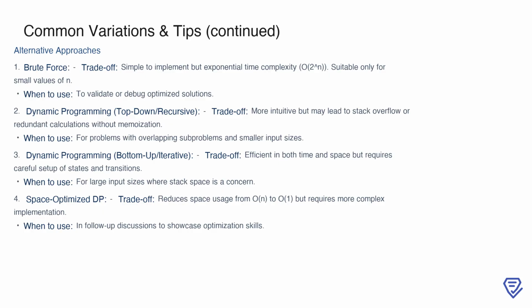The top-down method is intuitive but can lead to stack overflow or redundant calculations unless memoization is used. Bottom-up dynamic programming, on the other hand, is efficient in both time and space but requires careful setup of states and transitions. Finally, space-optimized dynamic programming is a great option when you need to reduce space usage from O(n) to O(1). While it requires a more complex implementation, this approach is an excellent way to demonstrate optimization skills, especially in follow-up discussions.